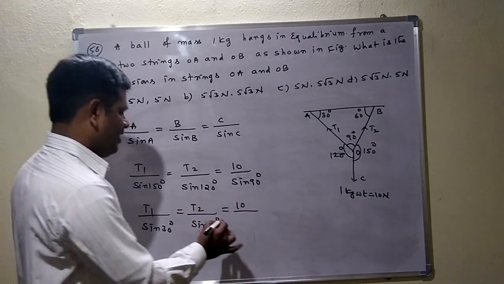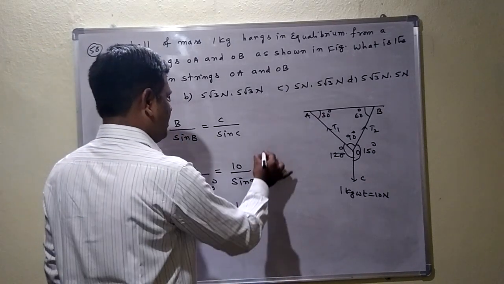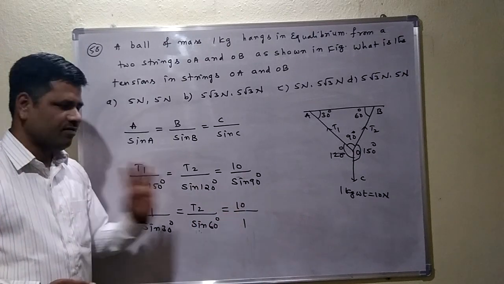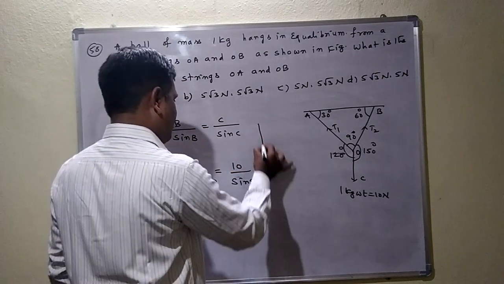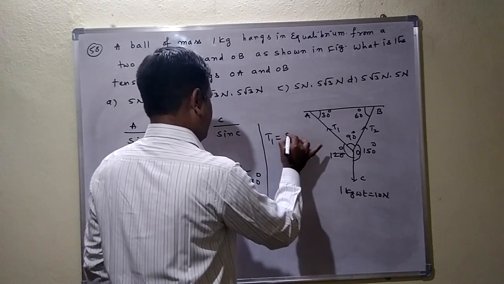Then 10 by sin 90 is equal to 1. So from this we can find the T1 and T2 values by comparing with the last equation. We can get the T1, T2 values. Here T1 is equal to, what is it here?